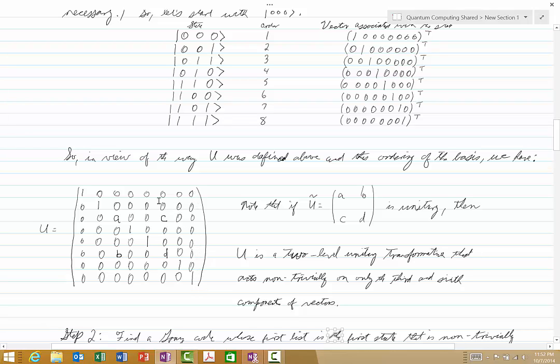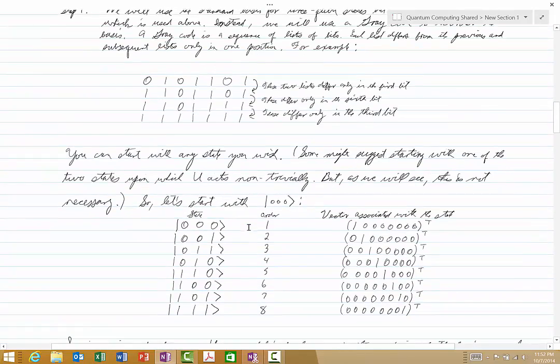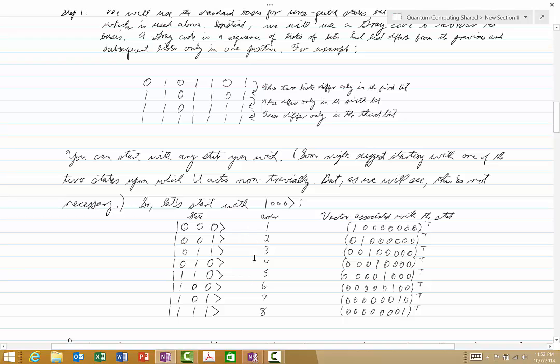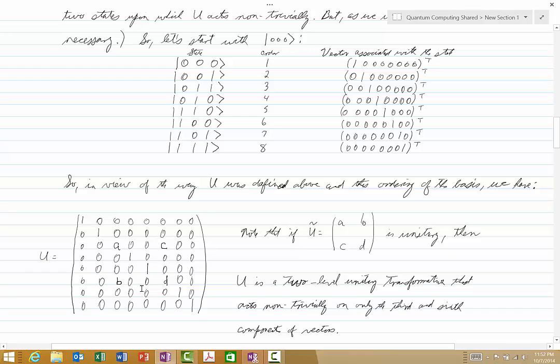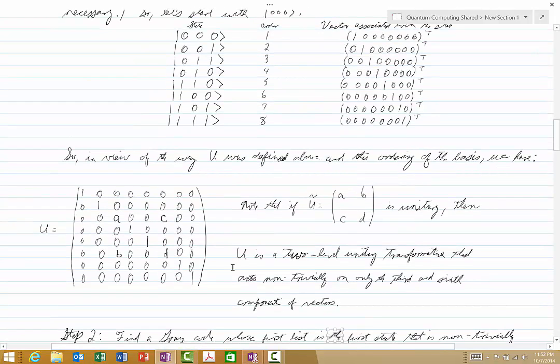So here is the matrix for this transformation with respect to the basis ordering that we've come up with right here using the gray code. This is the matrix. And as predicted, we can see that this is a two-level unitary matrix.